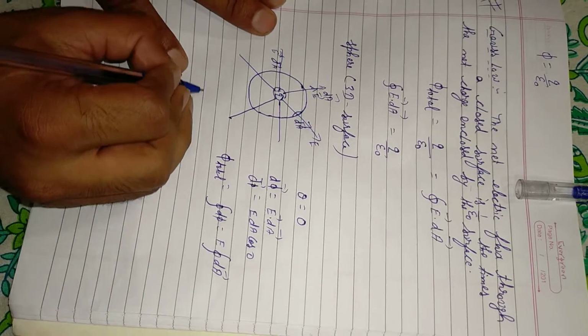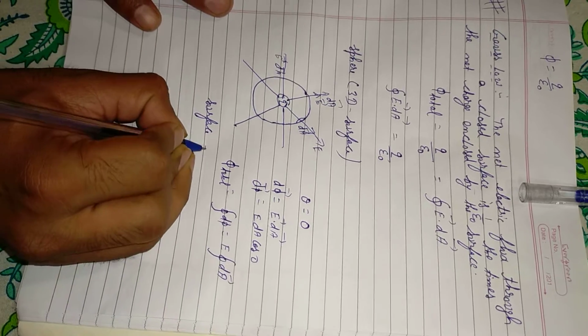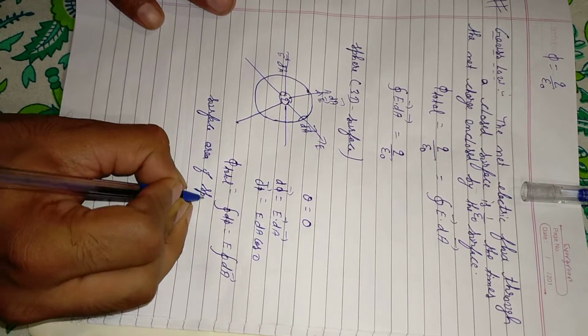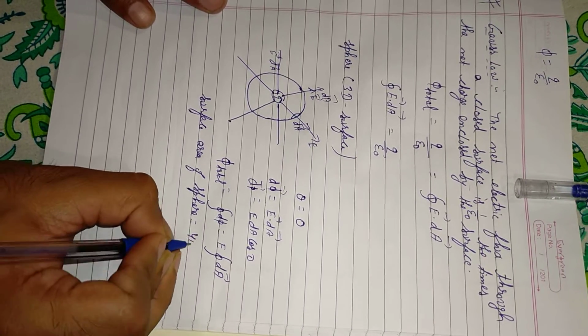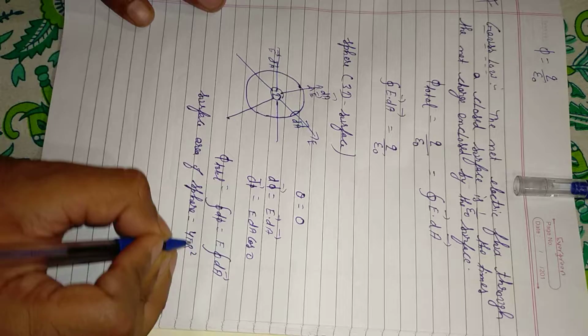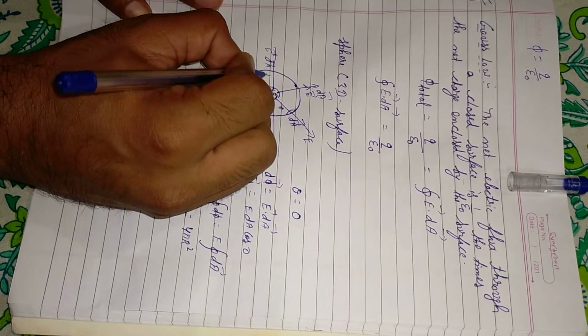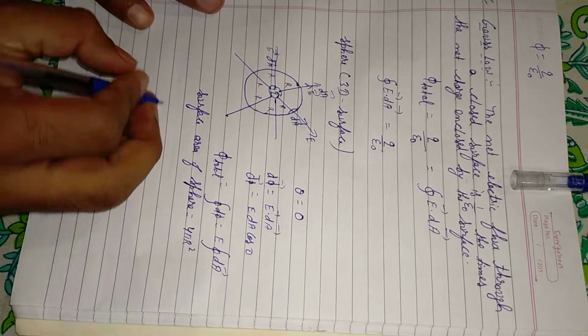The surface area of a sphere is 4 pi r square, where this radius is r. So the surface area of the sphere is 4 pi r square.